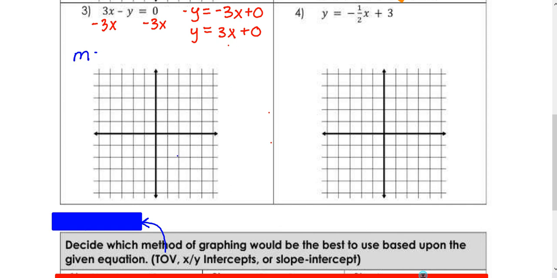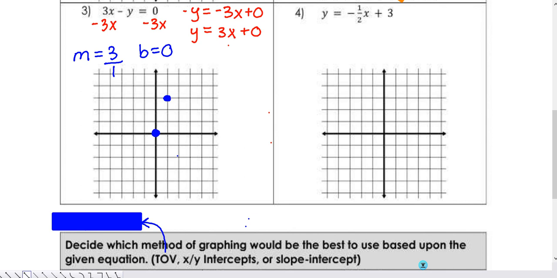So m is 3, b is 0. So I'm starting with my y-intercept, which is right here in the origin this time. My slope again is over 1, so I rise 3, I run 1. And now we connect our points with a ruler.